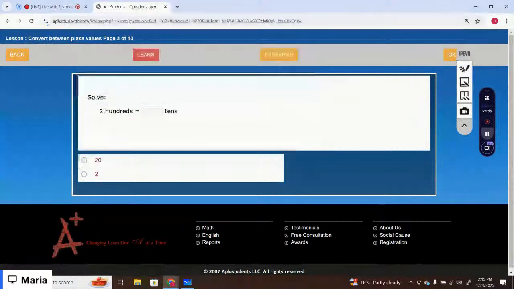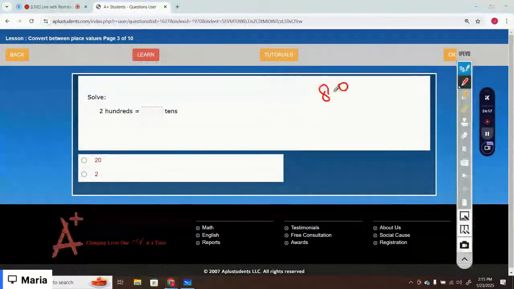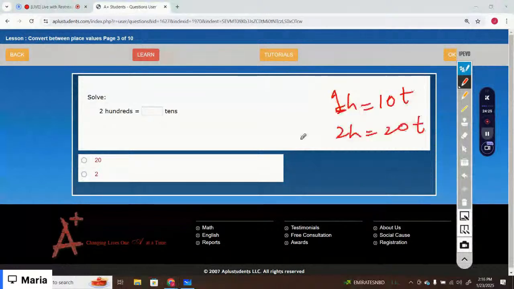Two hundreds equal how many tens? Two hundreds. So in 100 you have 10 tens. So then 200 has 20 tens. The correct option is 20.